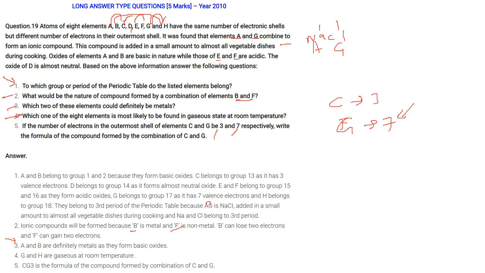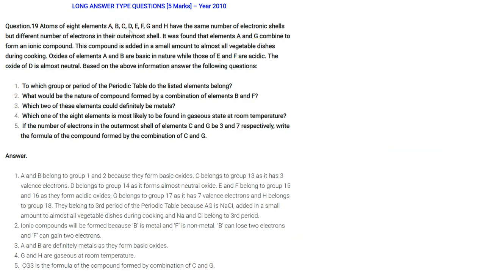So 1 C will require 3 G. Because it has 7, it needs 1, so it will gain 1 from this, 1 from this, 1 from this, and it will relieve 3 from itself. So that will be CG3 formation. This is the formula of the compound formed by a combination of C and G.